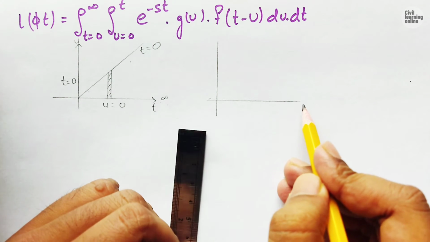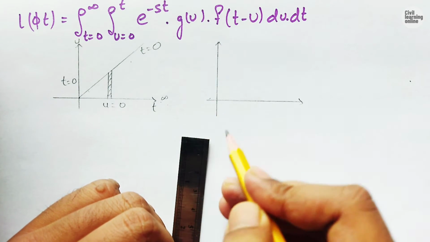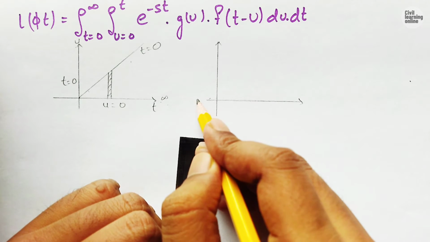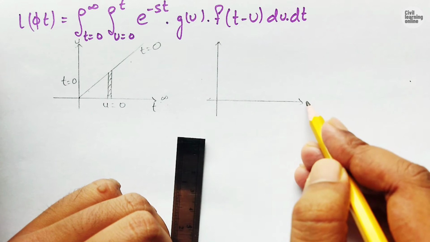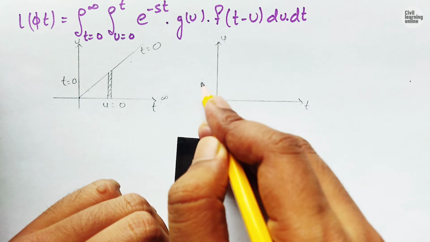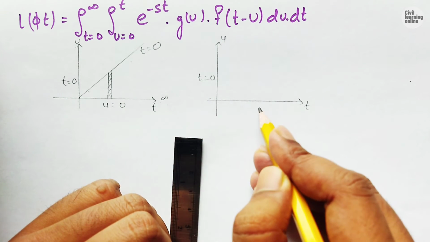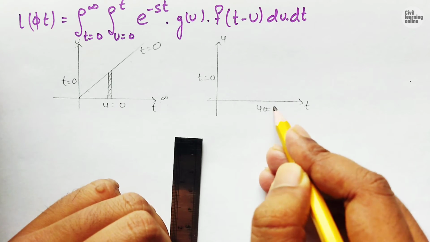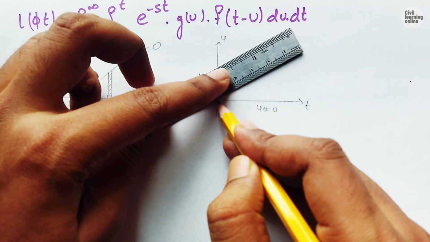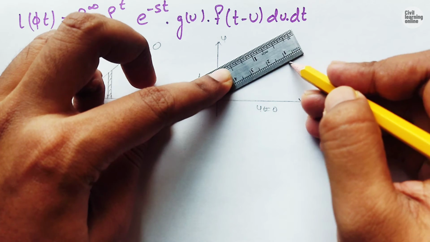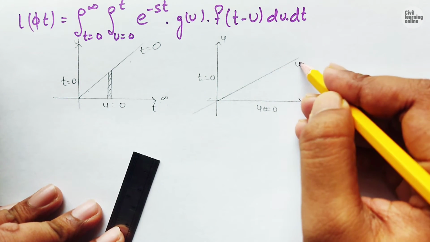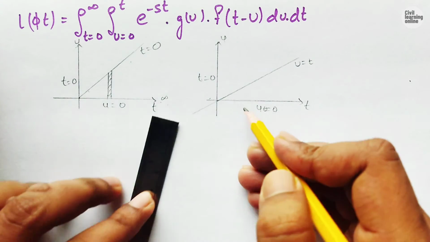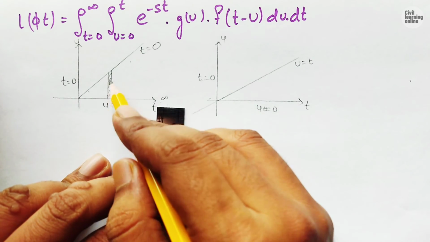So again, everything is going to be same, all the notation. So we have this t equals to 0, this is t, and this is u, and this is t equals to 0, this is u equals to 0, and this line is going to be u equals to t. We have this u equals to t. Now we have to change the order of this area.